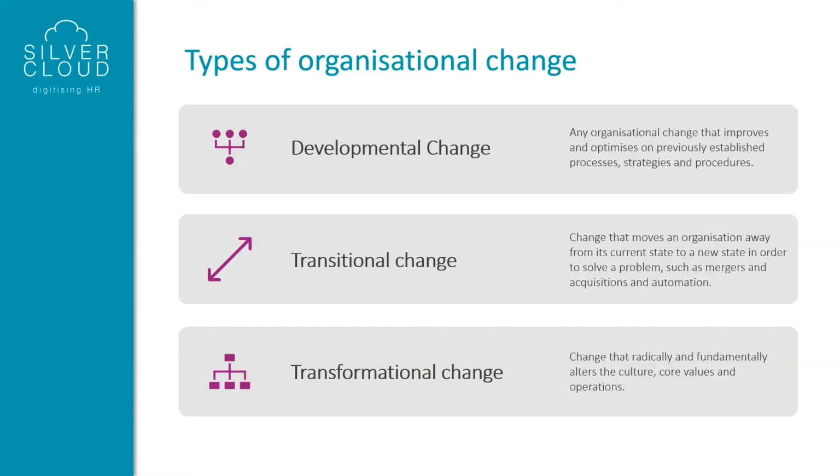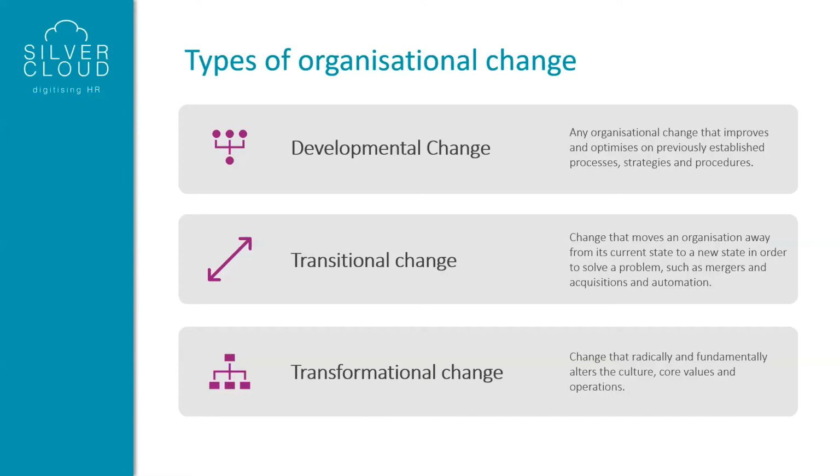Transitional change is where an organisation moves from its current state to a new state in order to solve problems such as mergers and acquisitions and automation. And transformational change is what radically and fundamentally alters the culture, core values, and the operation of the organisation.